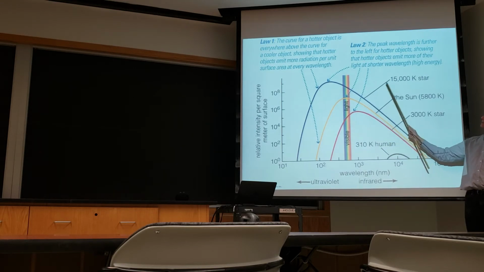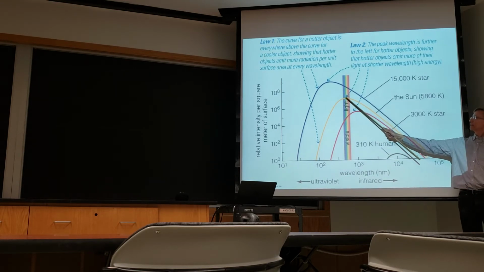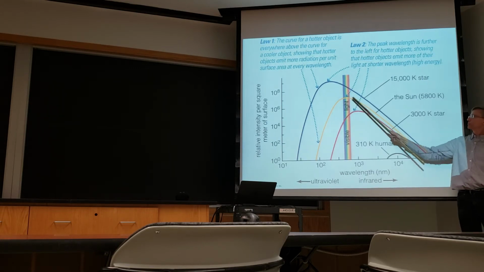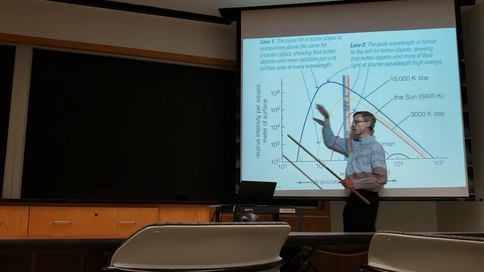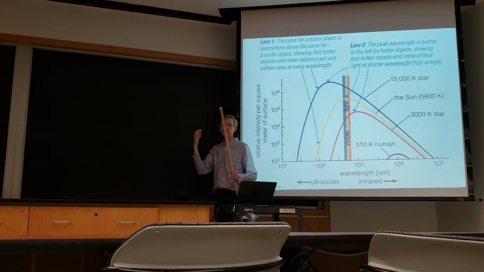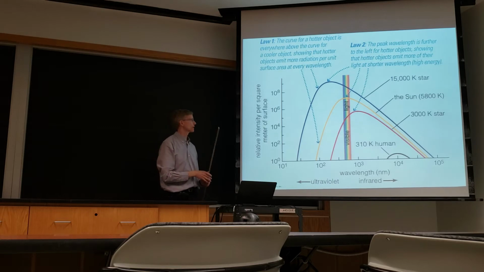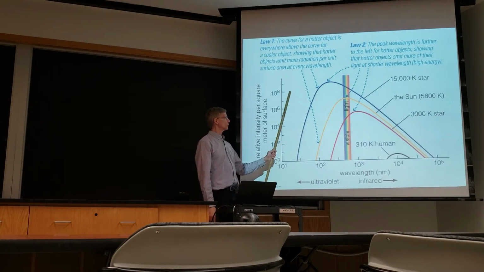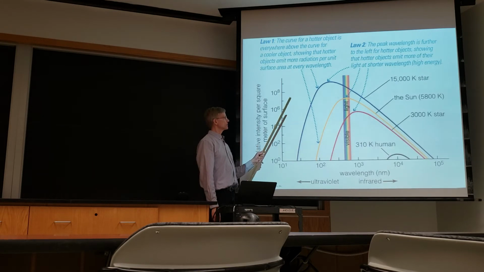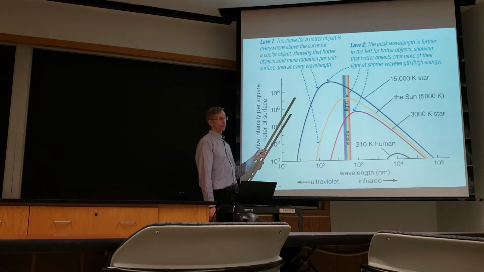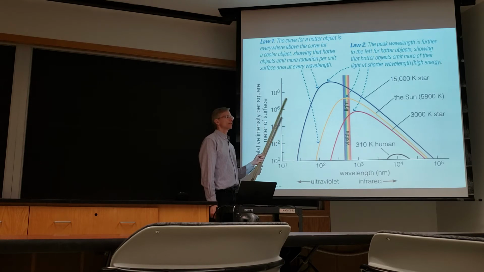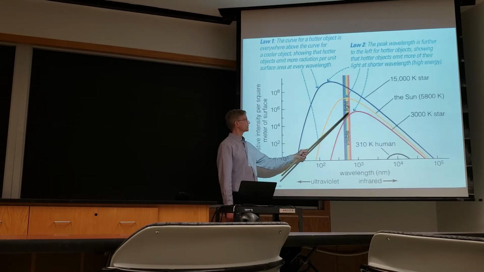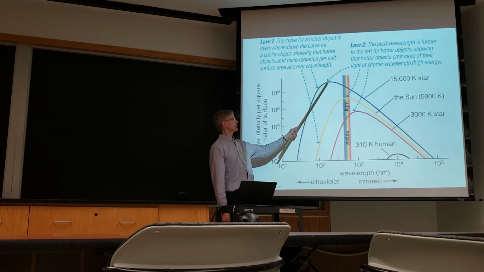The sun peaks in a yellow-green wavelength in the middle of the visible spectrum. It produces a more even spread at all wavelengths, and so our eyes perceive that as essentially whitish in color. Sunlight is pretty much whitish in color. So, in other words, the idea that different stars have different colors based on their temperature is explained by this graph here, and it's related to where the peak is.